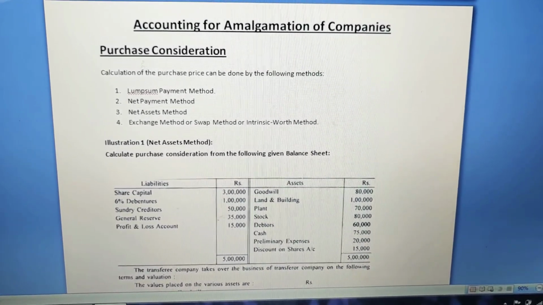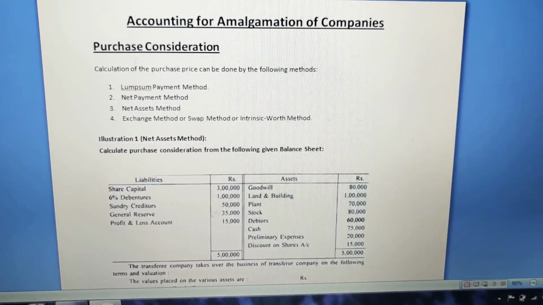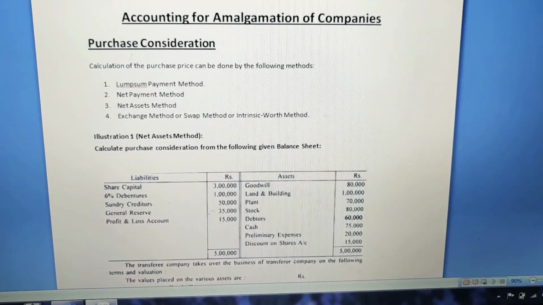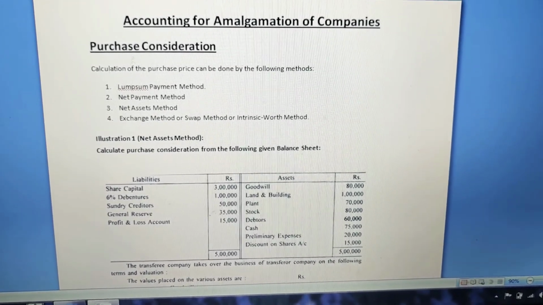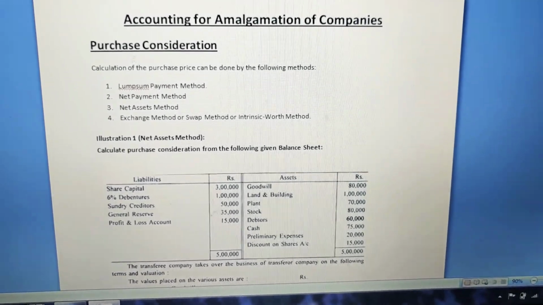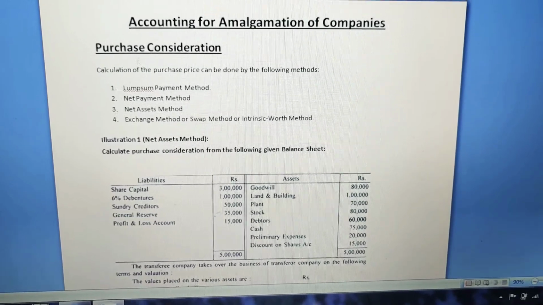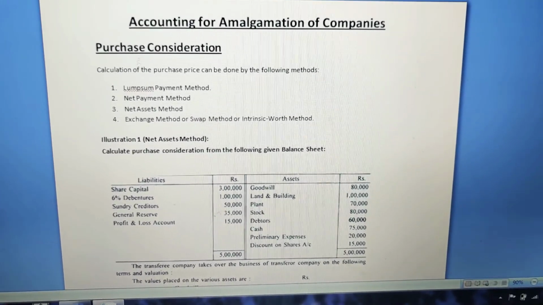The third method, which is much more important, is the net asset method, and today we'll discuss that first. In the net asset method, we add all the assets and then deduct the liabilities from them, and we get our purchase consideration.